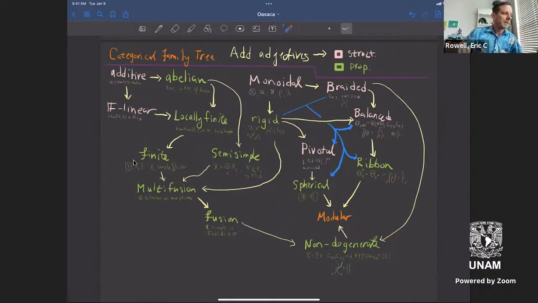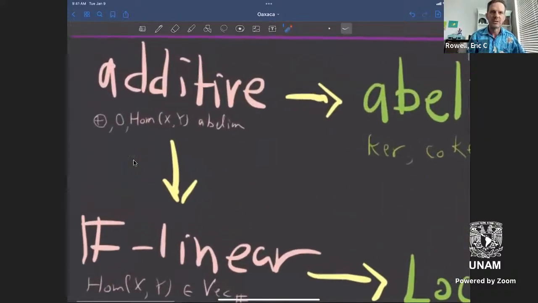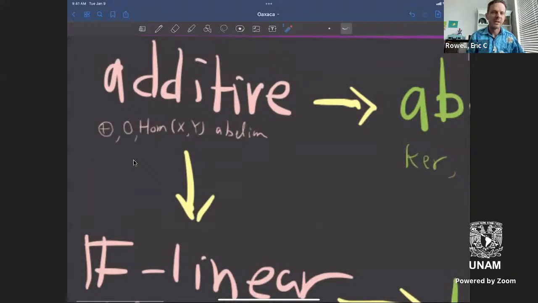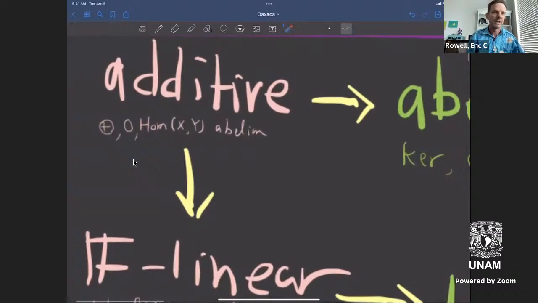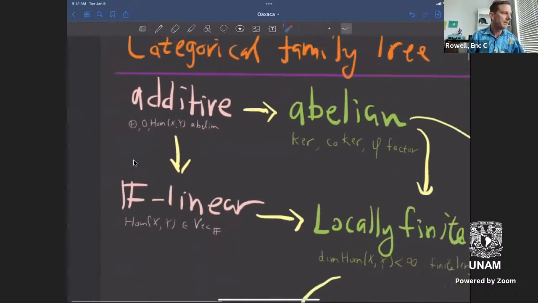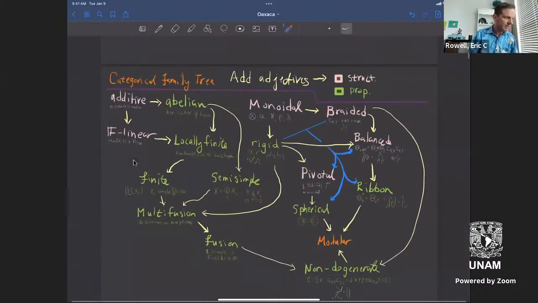I will make these slides available, and I've made it so that if you want to look at a particular definition or the basic idea, you can zoom a little bit like this. I won't go through all of them, but I'll give some ideas. To start with, we want an additive category, which has to do with the structure of direct sum.